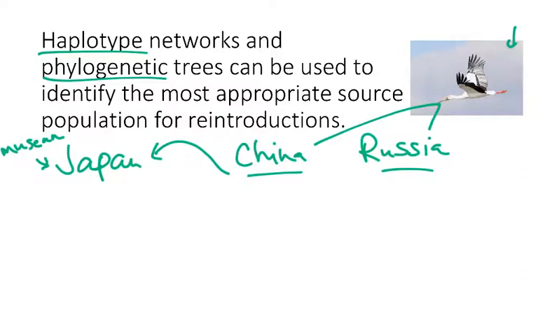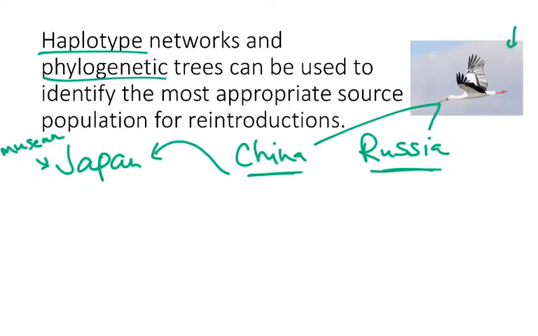So what you do is take samples from each of those different locations, and then you could use a marker from the mitochondria, for instance, and you could use either haplotype networks or phylogenetic trees to figure out which of these live populations best matches the Japan population.